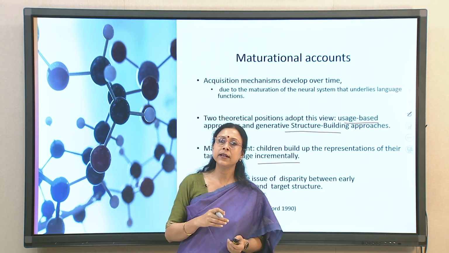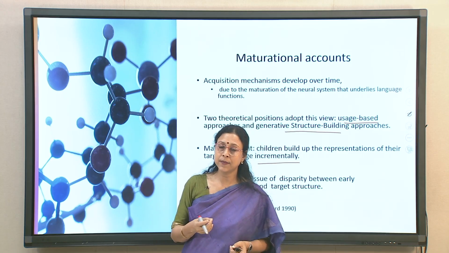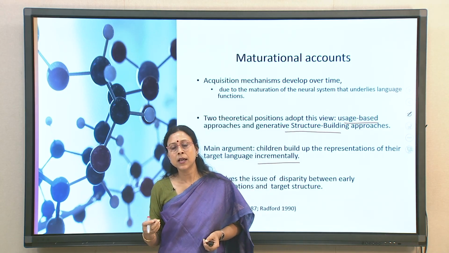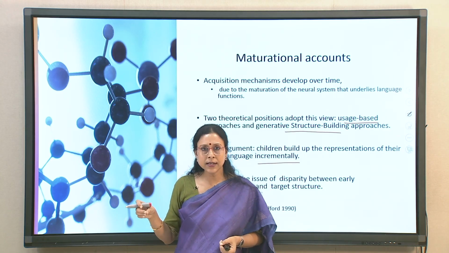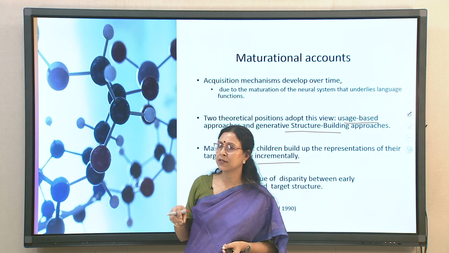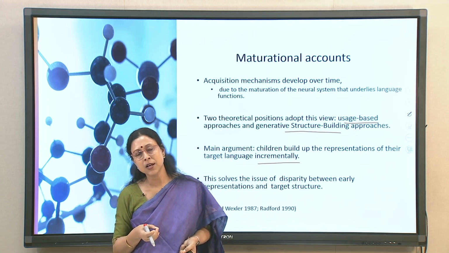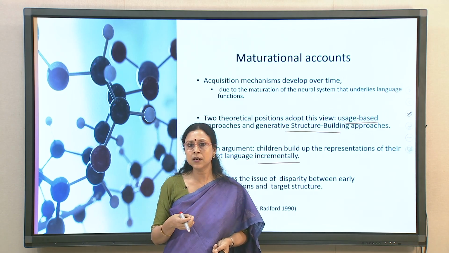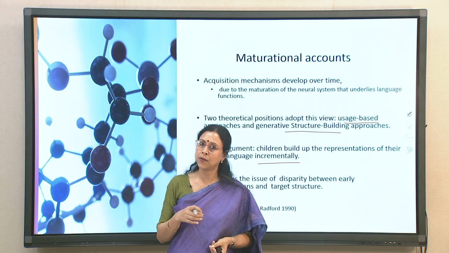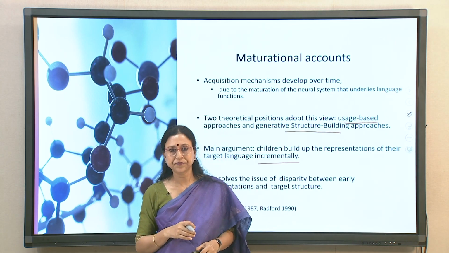Why in the beginning they speak the way they speak, and why over a period of time they start to have the complex structure in place. So, this maturational account takes care of that problem pretty easily.